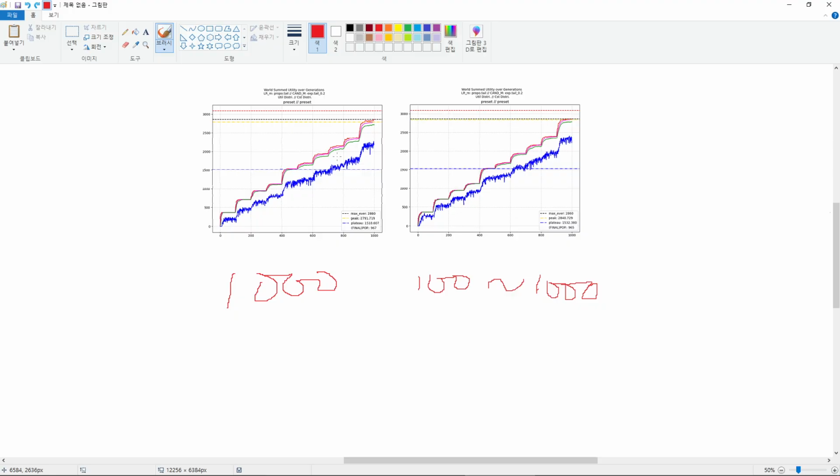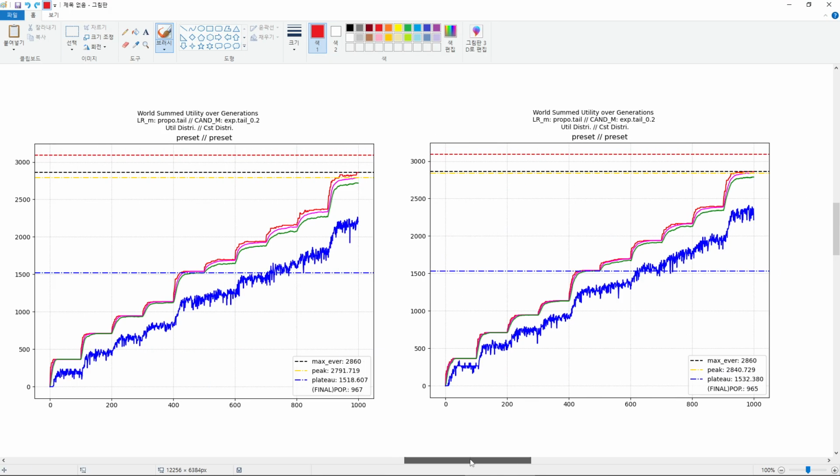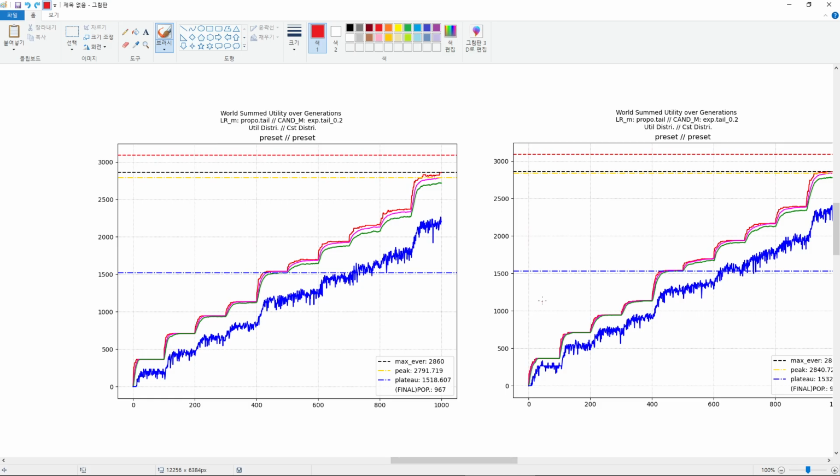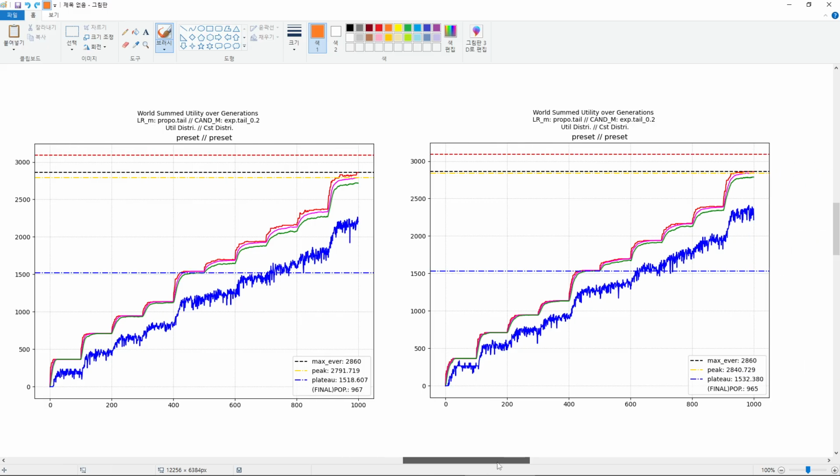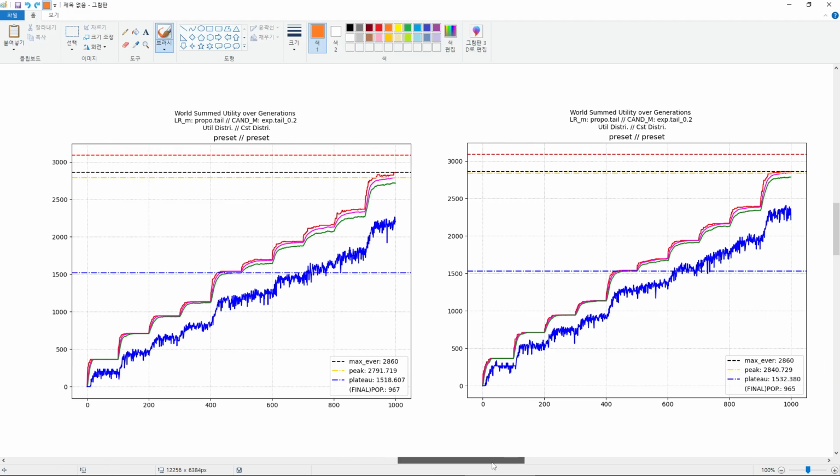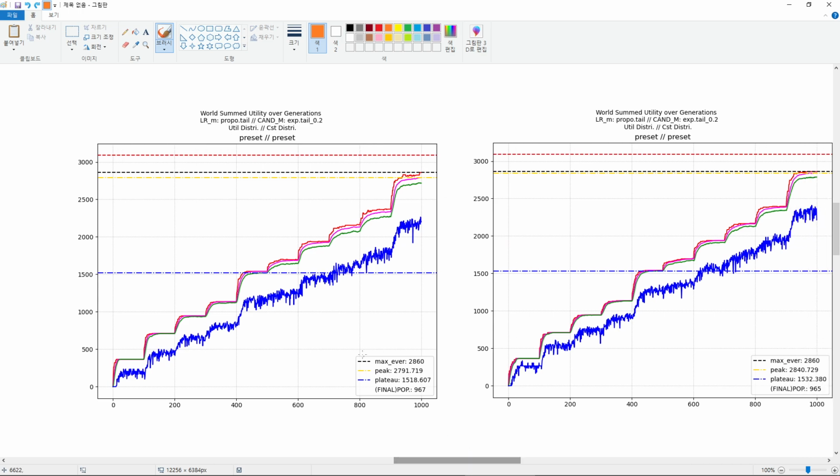But what's interesting is the shape of these so-called steps. On the left, you tend to get steeper steps, more like a right angle. I know this isn't a right angle, but when you compare it to this, these steps are rounder.